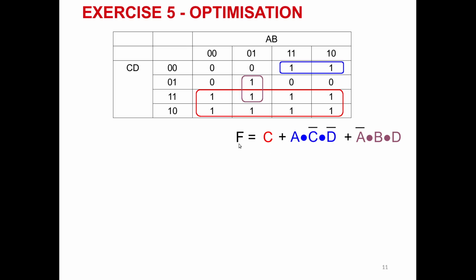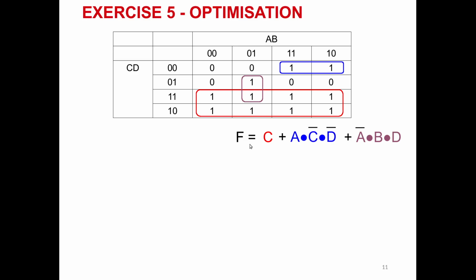And here is the final logic function for F: F equals C or A and not C and not D, or not A and B and D. Next, we will generate the logic gates for this function.